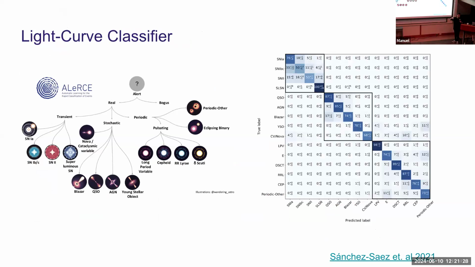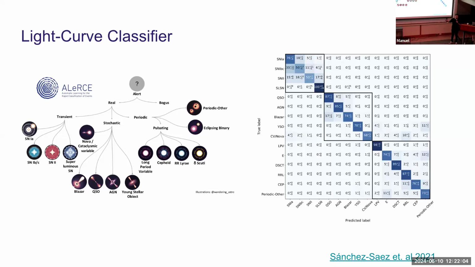The first thing we do is to classify between top classes, which are transient, stochastic, and periodic objects. Each of those classes has subclasses. For example, for the transient objects, we have supernovae type 1A, supernovae type 1BC, etc. We first train a random forest using the top classes in order to classify between transient, stochastic, and periodic.